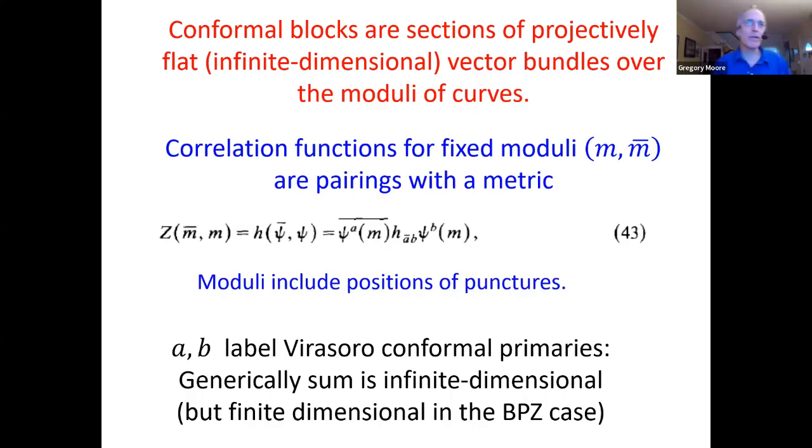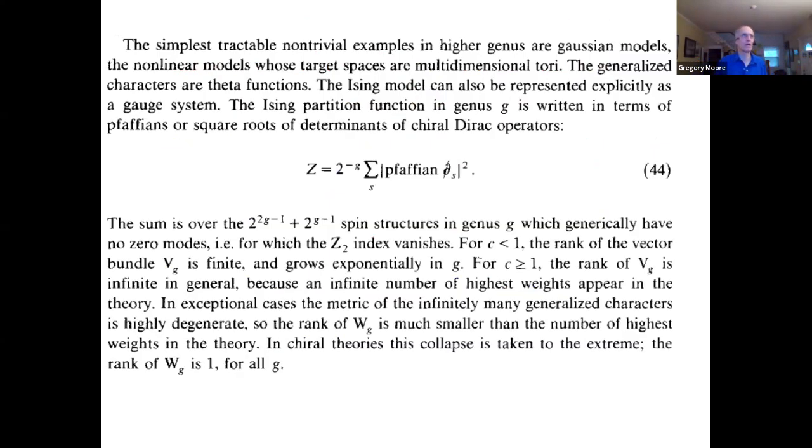And if you look through all their papers, they're always assuming that the bundle is infinite dimensional, except for one crucial paragraph where they say that the simplest tractable non-trivial examples would be the Gaussian models. So they're referring to that Siegel-Narain theta function at special points in the Siegel and the Narain moduli space, and minimal models.